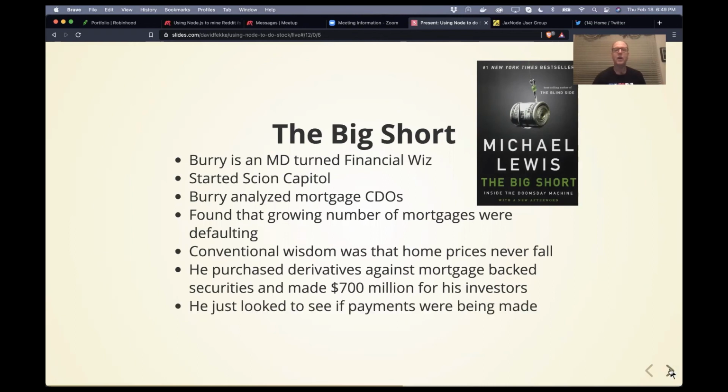But what's interesting is that, at the end of the day, all he did was just look at data. He looked at data on those CDOs, and so he just went through the spreadsheets, looked to see, here are all the different mortgages. Here's the ones that have been paid up, and here are the ones that are like 3 months overdue and stuff like that.